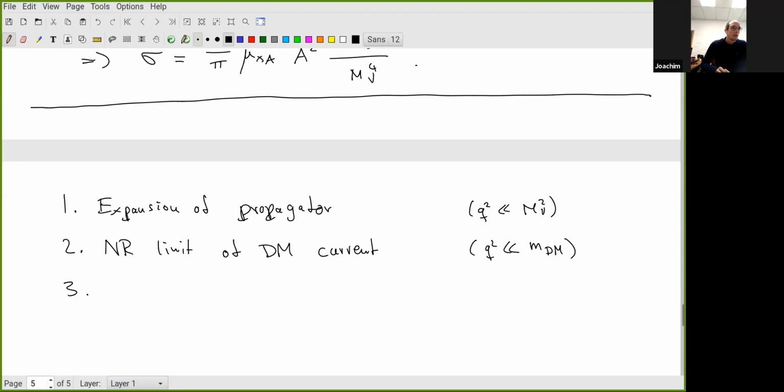And the third approximation was to use baryon symmetry or baryon number conservation for the hadronic current.